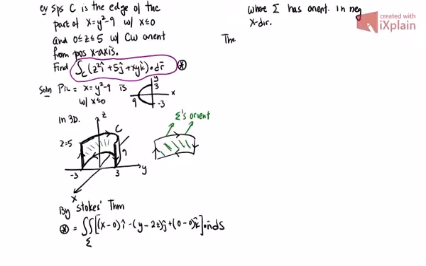Then we parameterize sigma. The simplest way to do this is we know x in terms of y, and we know that z goes from 0 to 5. So what we can do is simply use y and z.